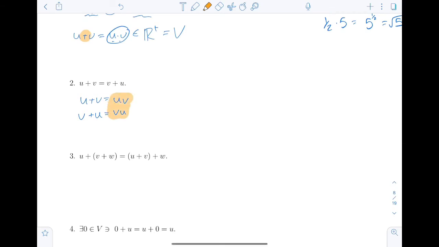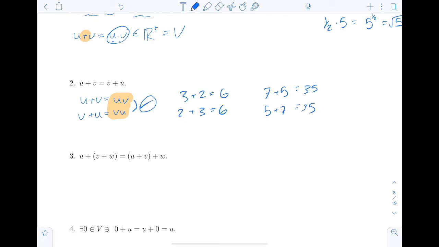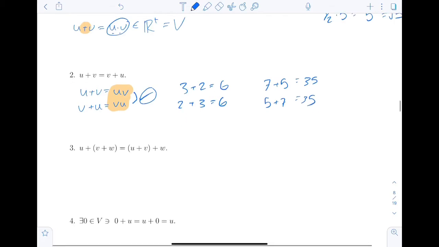Those are just multiplying the two numbers, and those are in fact equal. So 3 plus 2 is 6, and 2 plus 3 is 6. I'm not proving it by example here, I'm already done with my proof, but that's what I mean. If you do 7 plus 5 and 5 plus 7, those are both 35. Very good.